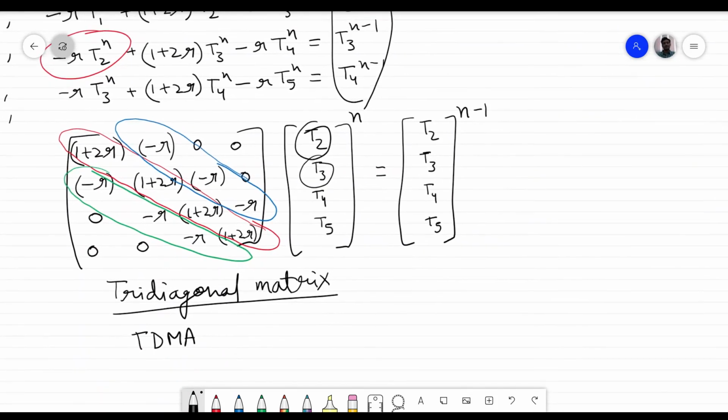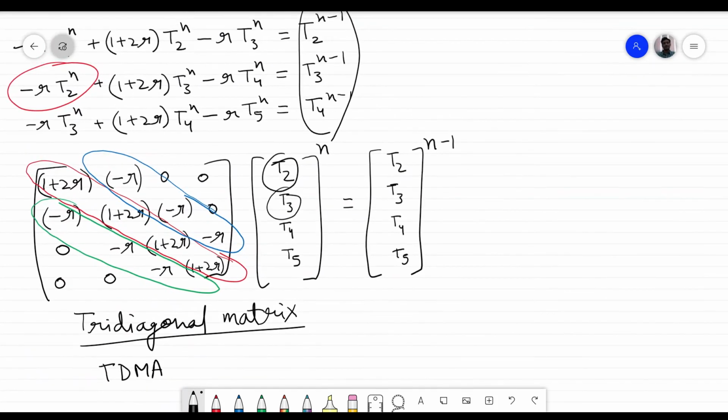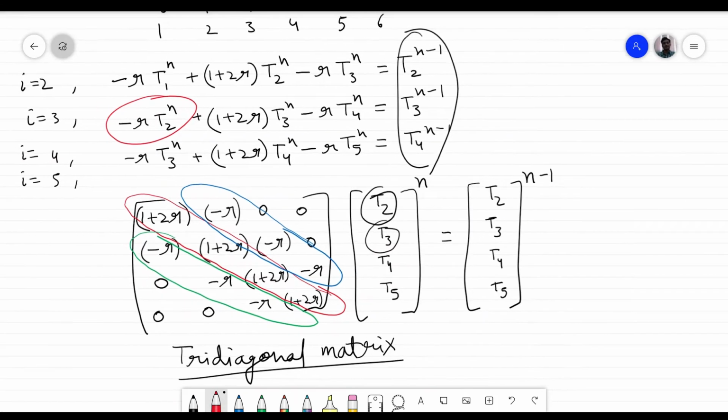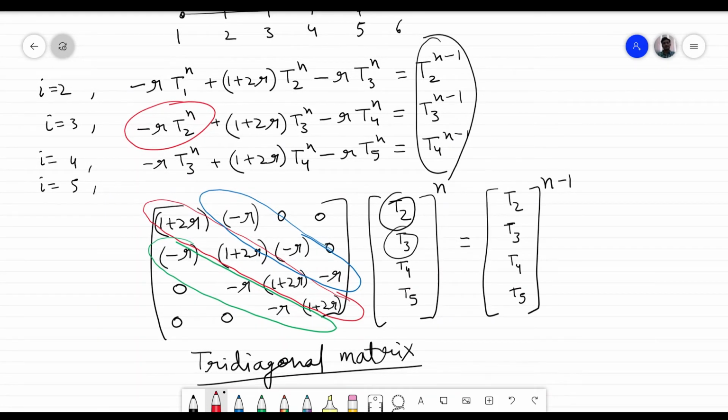Okay. And also on the right hand side, we wrote T2, T3, T4, T5, which is not correct, because in the first equation, if you see, on the left hand side, we wrote 1 plus 2r times T2n minus r times T3n. But what about this term, the first term?